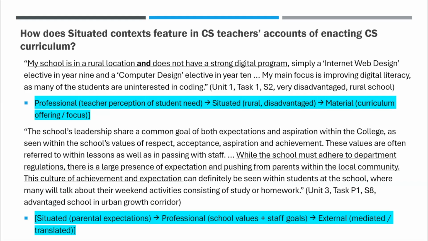In the first quote, the teacher's perceptions of the students' needs is influenced by the socioeconomically disadvantaged rural location and it manifests as a deficit view and a remedial approach to curriculum provision, where there's talk of teaching digital literacy, which is not really teaching this curriculum area.